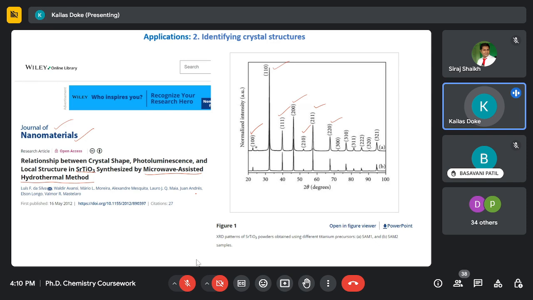Usually, if you do powder XRD in any research laboratory, and they charge only 300 or 500 rupees, they will give only the diffraction patterns.